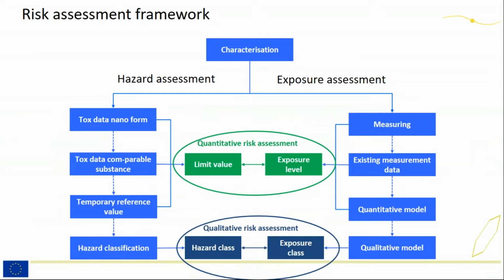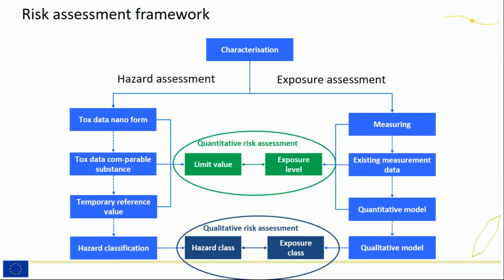This framework is developed from a risk assessment perspective. So it starts with the very best option, and the very best option is, of course, to collect toxicity data for the nanomaterial that you want to assess and measure the exposure to the same nanomaterial in the scenario that you would like to assess.